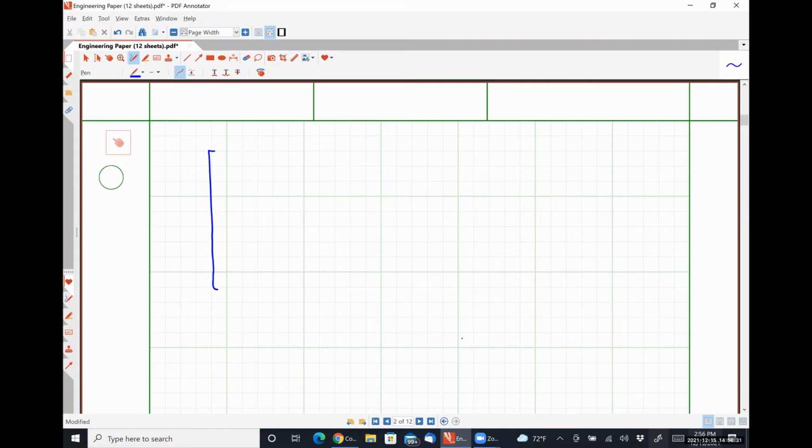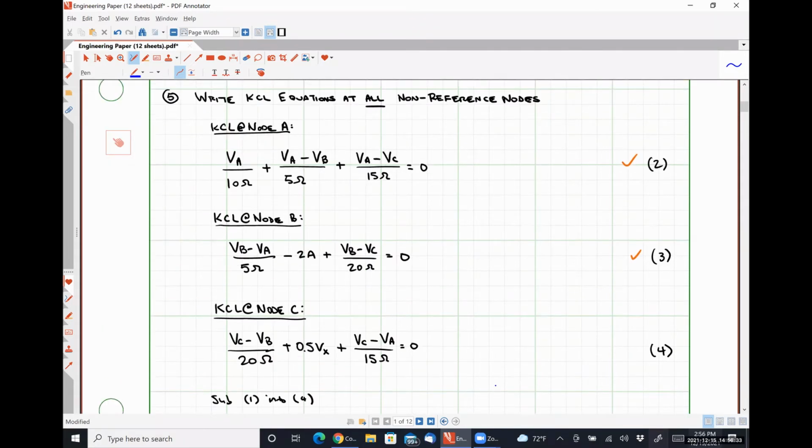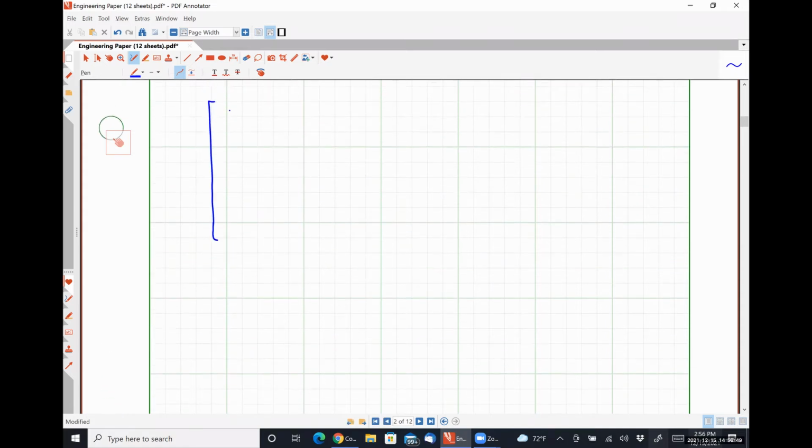I'm just trying to illustrate what you're putting in your calculator here. So what should the coefficient for VA be? 1/5 plus 1/15. Everything that gets multiplied by a VA needs to be all added together, right? So we'd have 1/10 plus 1/5 plus 1/15 as our coefficient for VA.